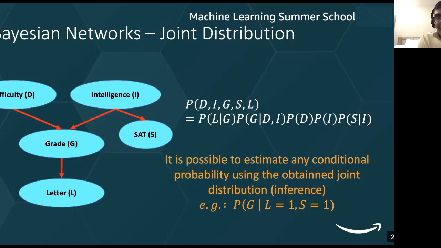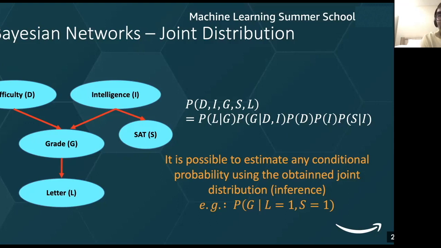We can see that the letter node depends on the grade. So we write down the first conditional expression, where the joint distribution equals the probability of letter given grade, right? And that's the first term that you see on the right of the equation shown in white on this slide. Now that we are done with letter, let's move on to the node grade. As we can see, the grade depends on the difficulty and the intelligence, right?